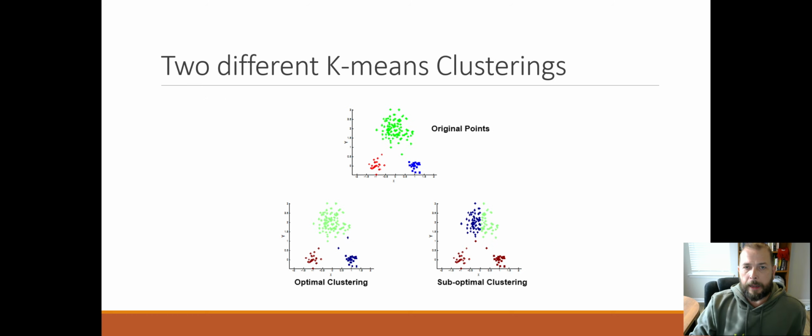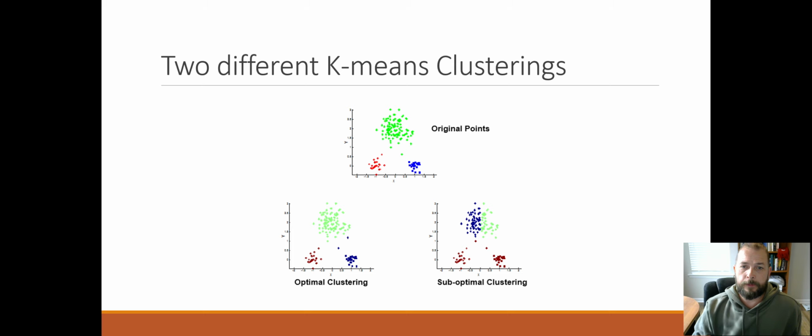Again, with k-means clustering, obviously you have to choose k, the number of clusters that you want to separate your data into. There are optimal ways of creating clusters and suboptimal ways of creating clusters, so we want to pick k very carefully.